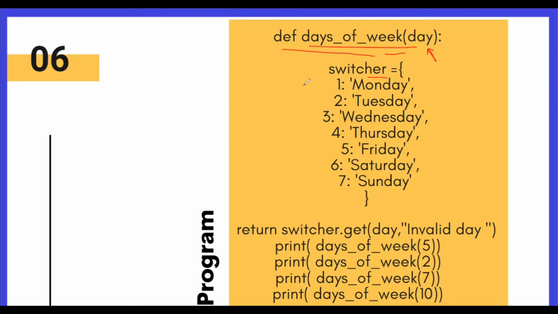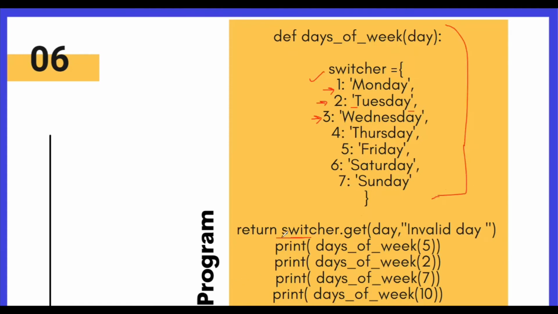Now in C++, there was case 1 and then it would be written like this. But in Python, we are going to use a dictionary and assign values to 1, 2, and 3. Here it is written in quotes because it's a character type. Now the switcher is completed and the function is closed.